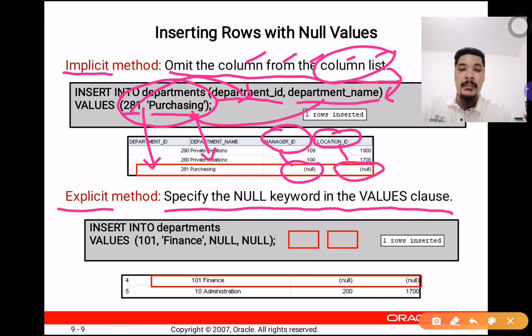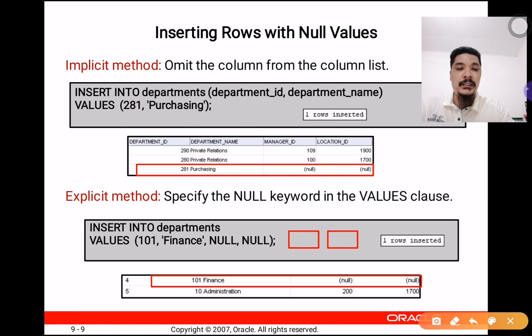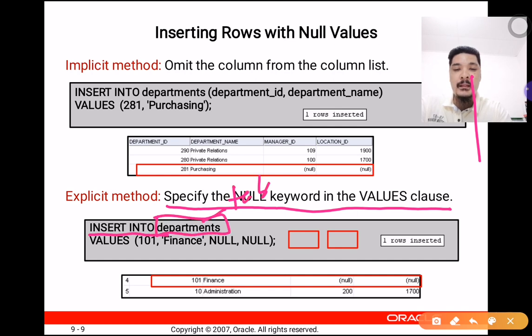But if we use the explicit method, we need to specify the NULL keyword in the VALUES clause. So in this example, we just put INSERT INTO departments table without a column name. We know in this table we have four columns, so when we put values here, we must put 101, Finance.